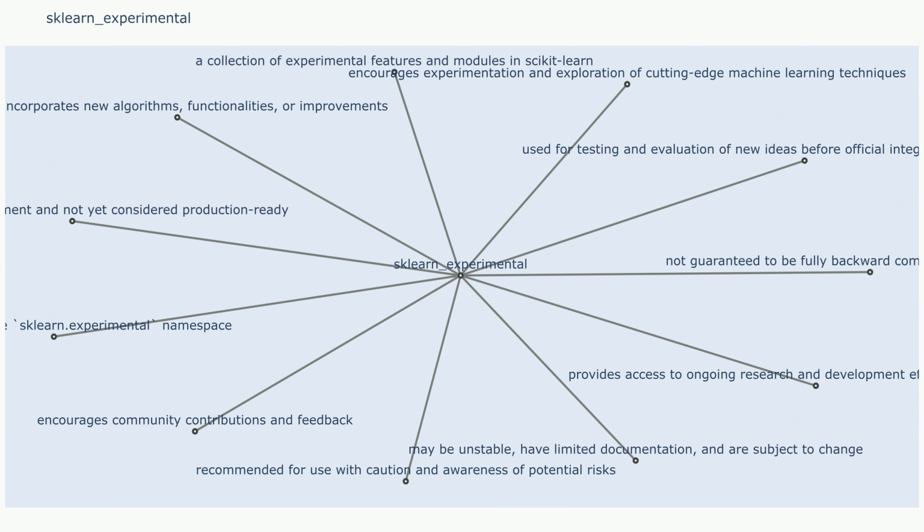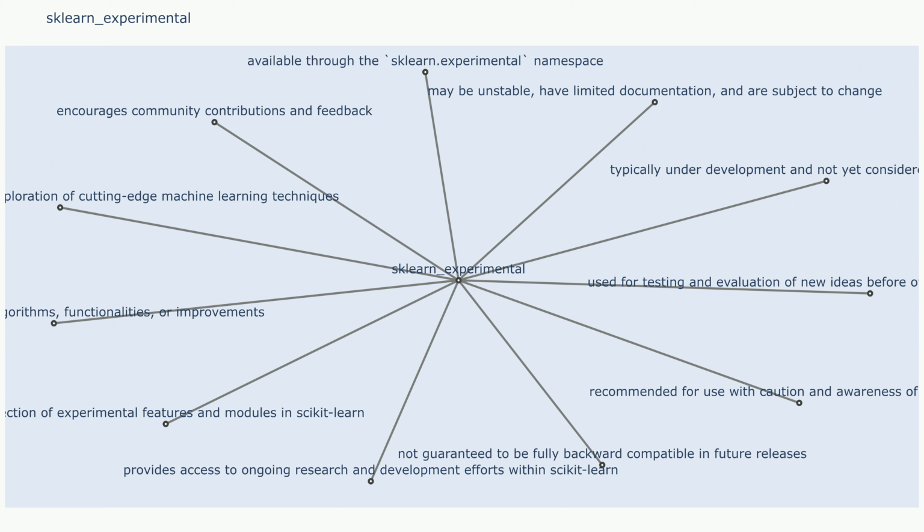Split the data. X_train, X_test, y_train, y_test = train_test_split(X, y, test_size=0.2, random_state=42).